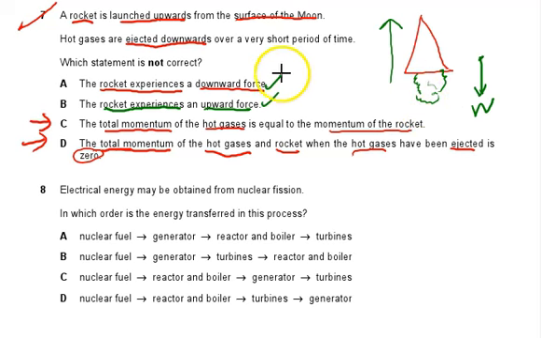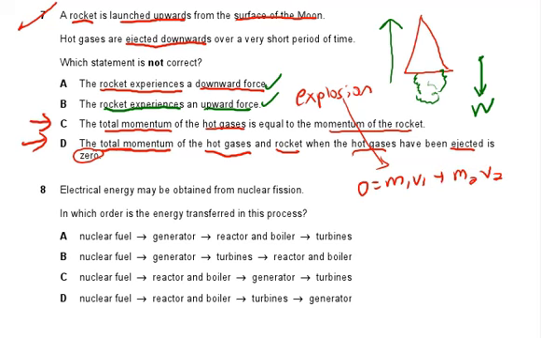So this is a type of explosion. For explosion-type momentum, we have to use this formula: M1 V1 plus M2 V2. So if you notice here, let's say this is for the gas and this is for the rocket. Let's move the entire thing to here. It becomes minus M1 V1 equals M2 V2.